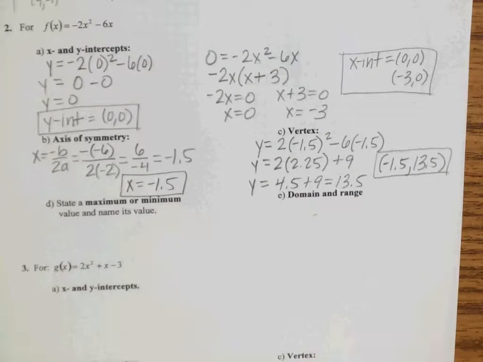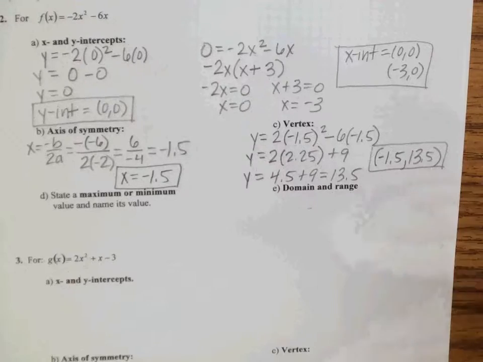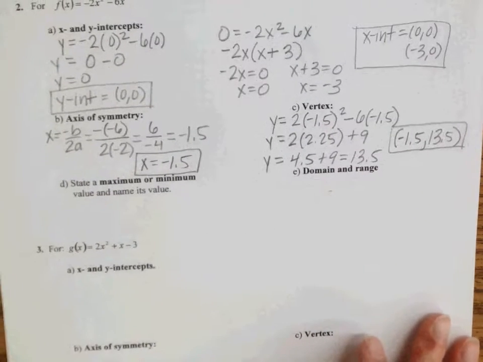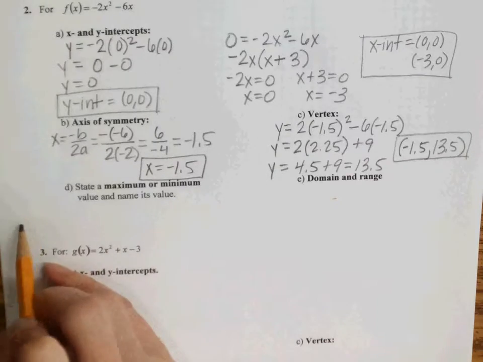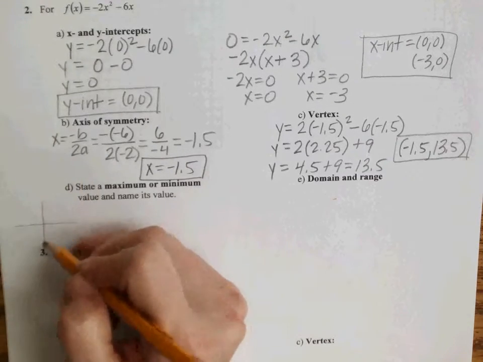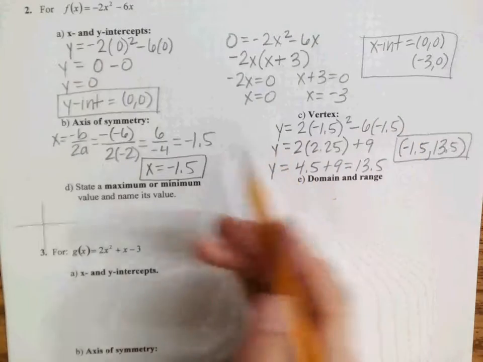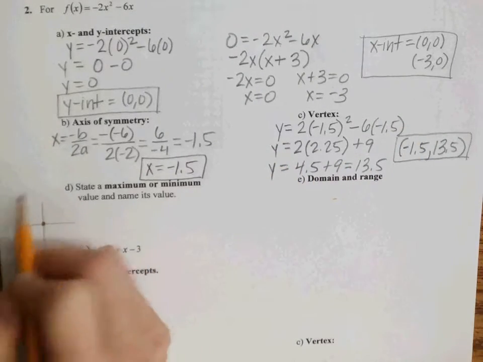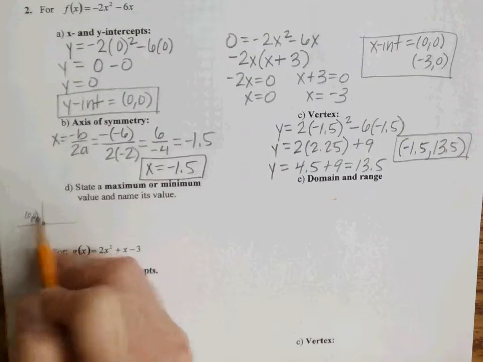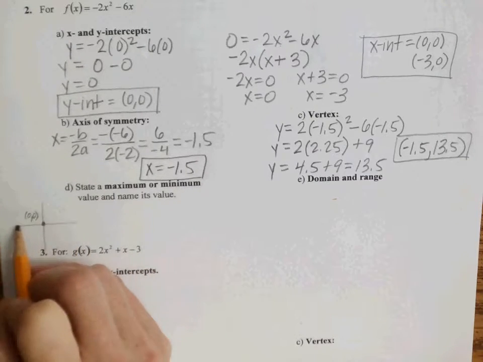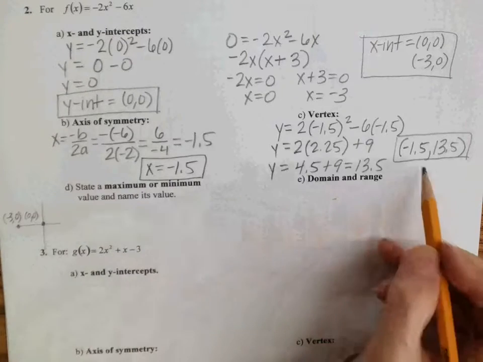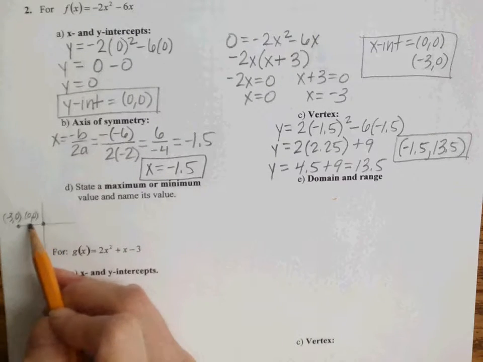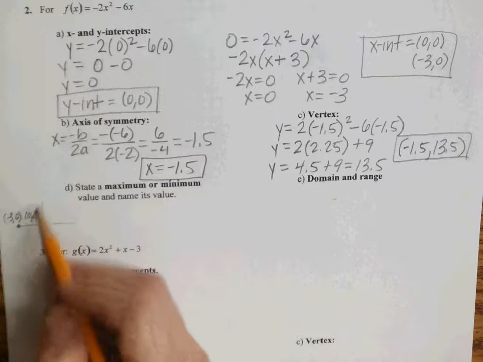All right. Now state the minimum or maximum. And again, we're going to do the same thing. We're going to go ahead and sketch this like we did on our first problem. So I'm going to draw a coordinate plane off to the side. I'm going to start with my intercepts. So I have (0, 0). Then I have (-3, 0), -3 zero over here. My vertex is negative 1.5 and then positive 13.5.